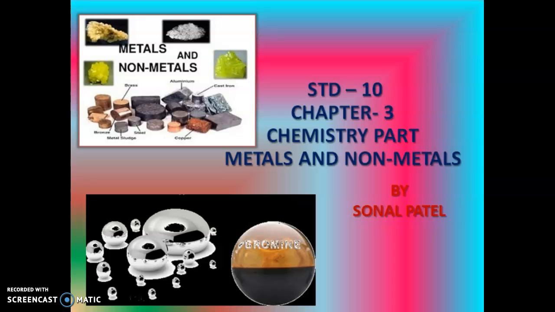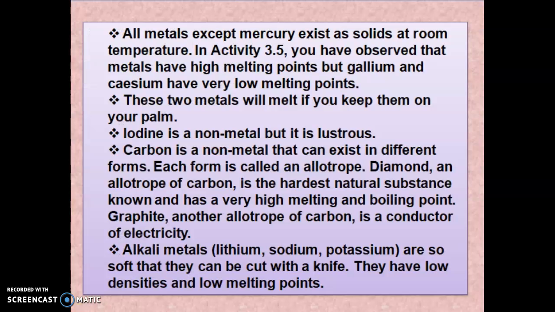You can see the diagram of mercury. This is the diagram of mercury. It will be in the form of a liquid. This is bromine. Bromine is also a liquid, that is a non-metal, and this is a metal. Now, as in activity 3.5, you have observed that metals have a high melting point, but gallium and cesium have a very low melting point.